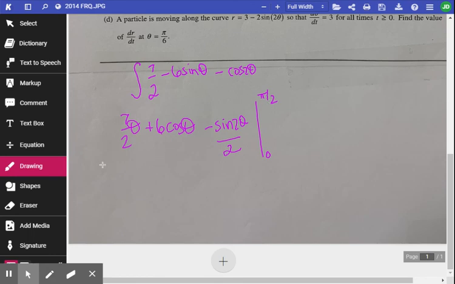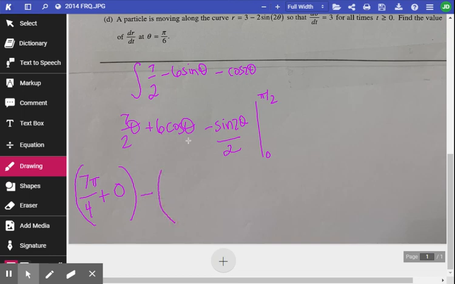So I'm going to plug pi over 2 in. This is going to become 7 pi over 4 plus, plugging pi over 2 in for this one, we get 0, minus, plugging pi over 2 in here gives me the sine of pi, which is also 0. So that just becomes 0.